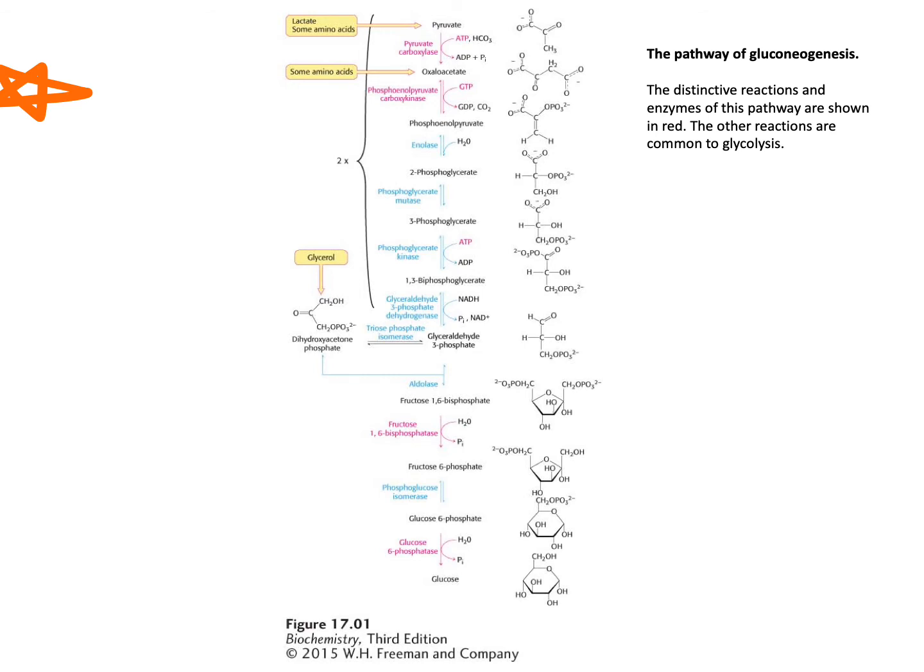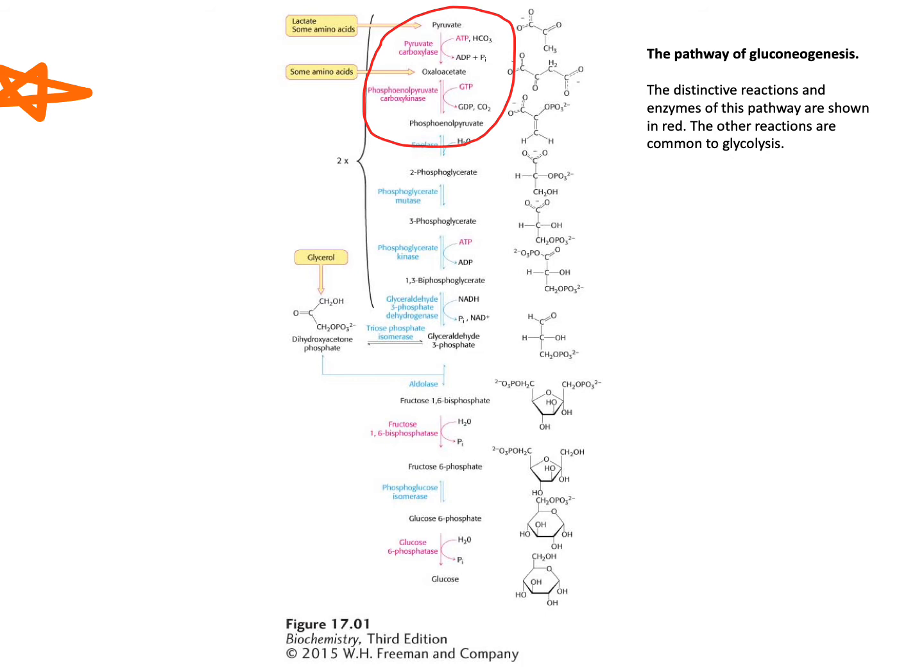The distinctive reactions and enzymes of this pathway are shown in red. The other reactions are common to glycolysis. In glycolysis, we learned there are three regulatory sites, control sites. The first one is phosphoenolpyruvate to pyruvate.